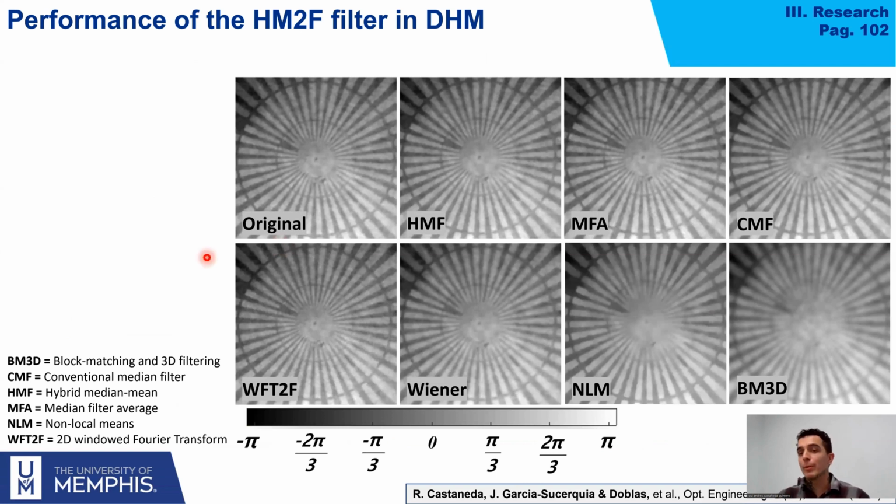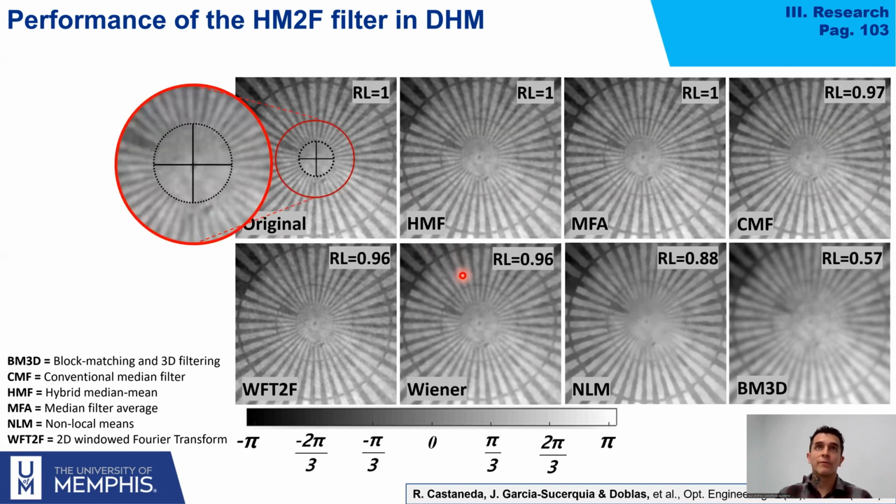Okay, the relevance of the proposed method to reduce the speckle contrast and mitigate the blurry effect has also been demonstrated in quantitative phase images, I mean in digital holographic microscopy. In this case, we use the same approaches for the comparison, but we use a star target. So first, we define the region that we consider the resolution limit.